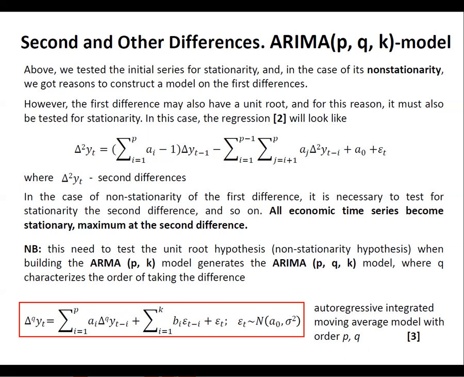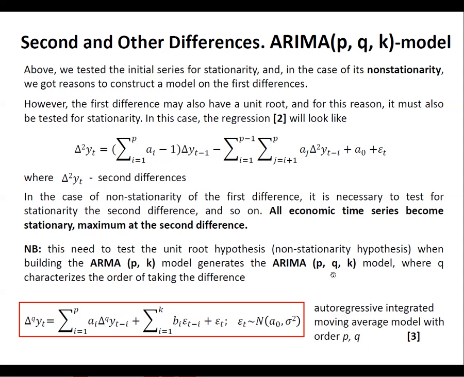This necessity of testing the unit root hypothesis on the various differences generates the ARIMA model. That is, we had an ARMA(p, k) model, and now there is an ARIMA(p, q, k) model. ARIMA means autoregressive integrated moving average model.